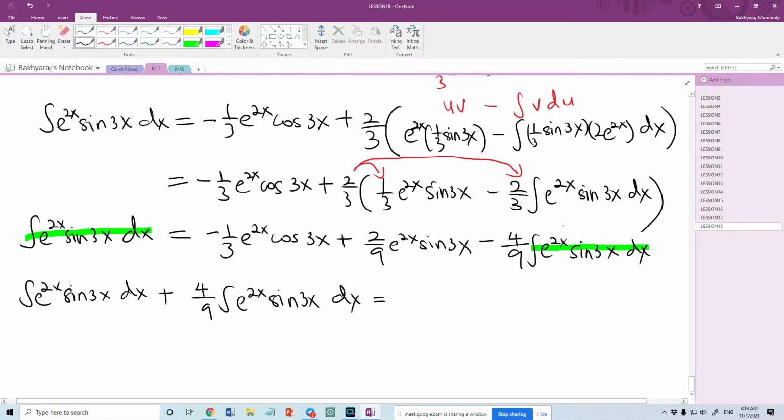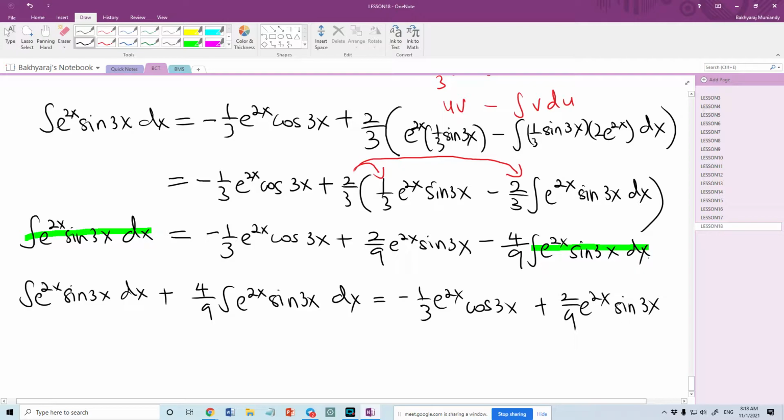You see, it becomes the same. I bring it because they are the same integration, only the number is different. This one is 1, this one is 4 over 9. On the other side, negative 1 over 3 exponent 2x cos 3x plus 2 over 9 exponent 2x sin 3x.